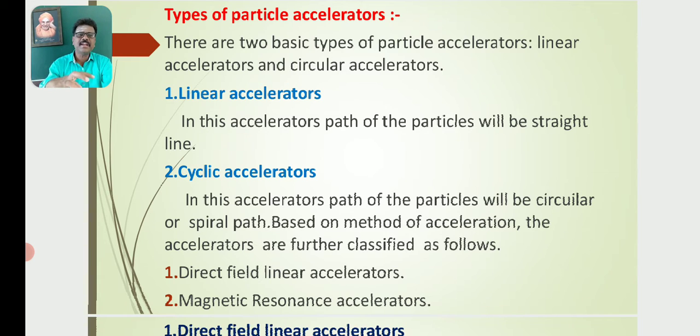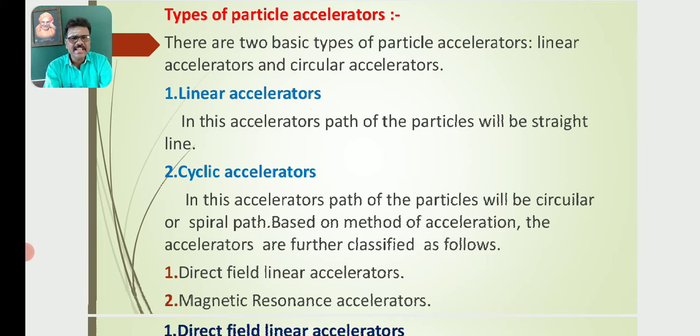If the accelerator accelerates the charged particle either in a circular path or in a spiral path, then such an accelerator is known as a cyclic accelerator. So based on the path, the accelerators can be classified into two types, linear accelerators and cyclic accelerators.